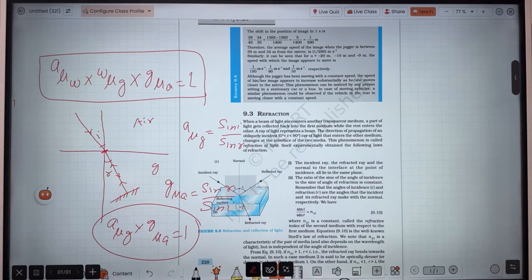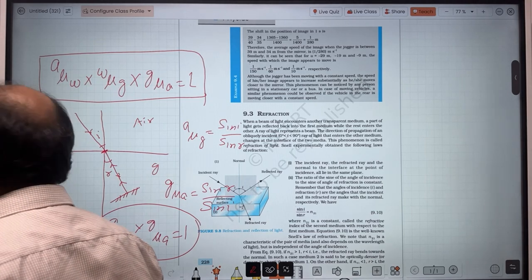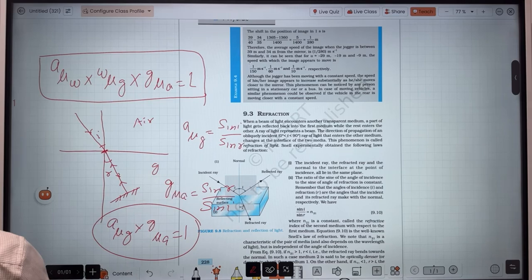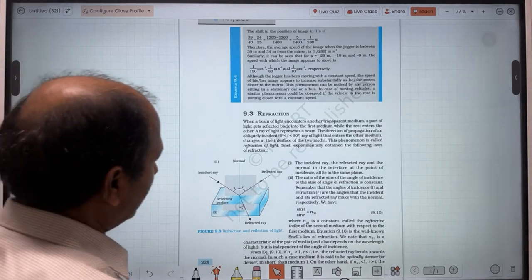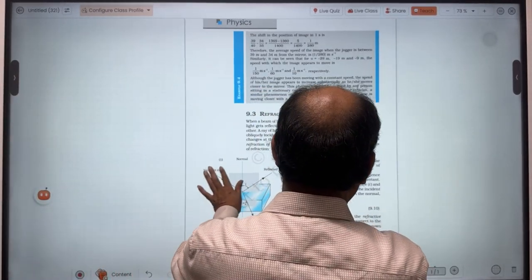So this is called the principle of reversibility. By using this concept, we can easily find the refractive index of one medium with respect to another.